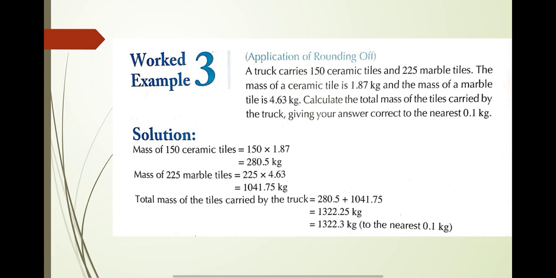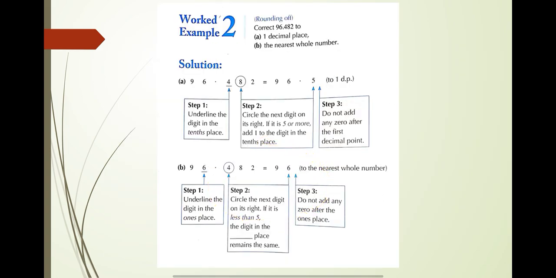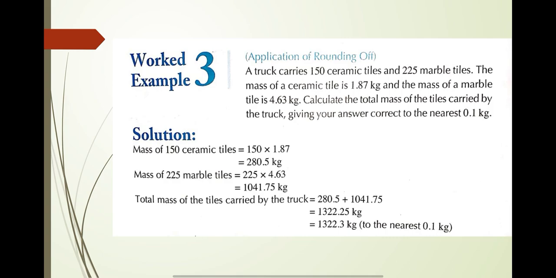So the amount of ceramic tiles, which is 150, times the mass, right? So it's here. And then for marble tiles as well, and then you add them, and then lastly you just round them according to what the question says.